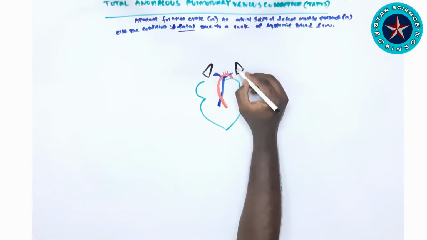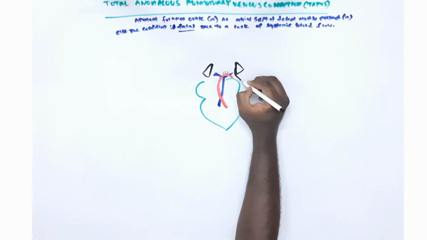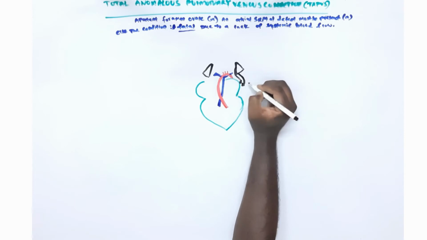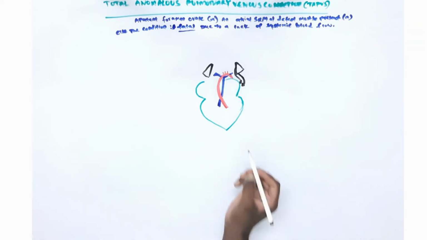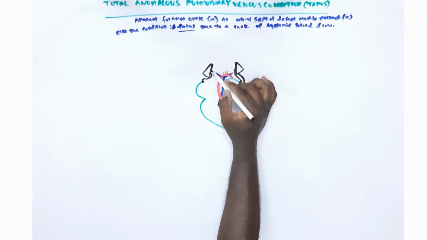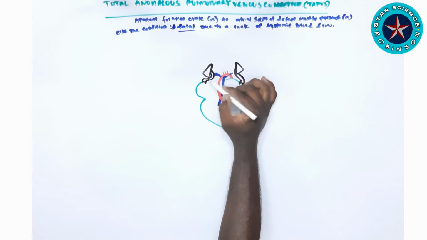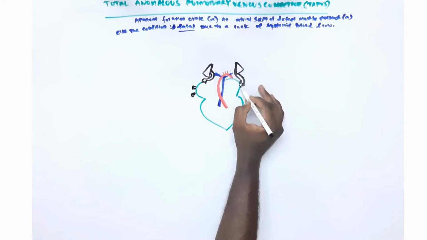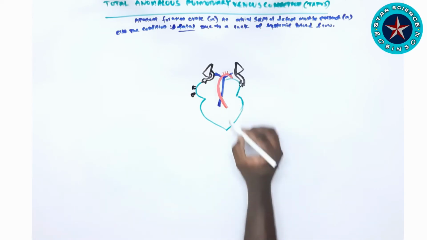From the pulmonary veins, the four pulmonary veins will enter the left atrium. After getting into the left atrium, the purified blood will now be in the left atrium. From the left atrium it will enter the left ventricle, and from the left ventricle it will enter the aorta.